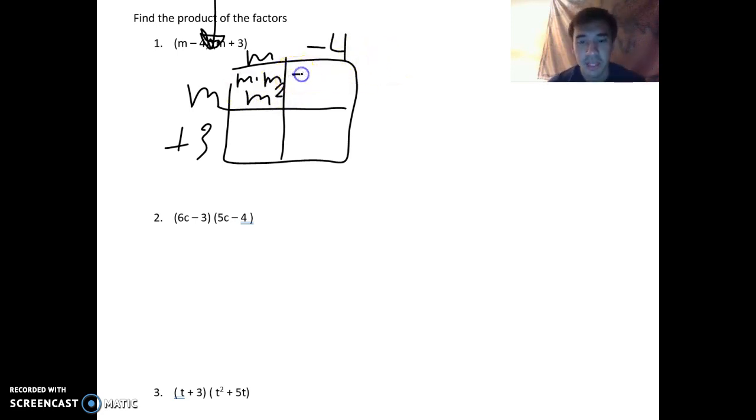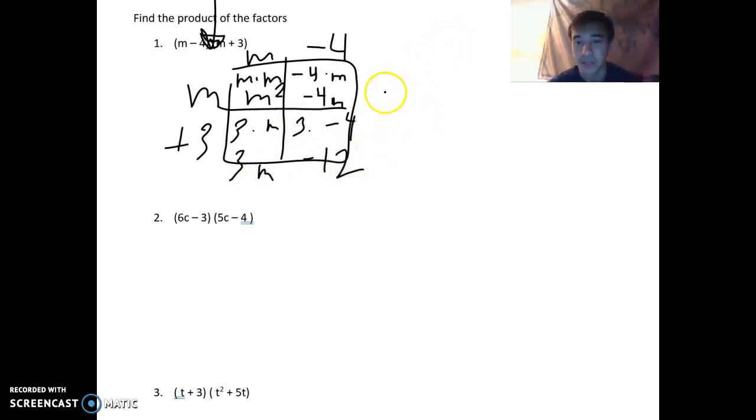The second box will be negative 4 times m, which will be negative 4m. This box will be 3 times m, which is 3m. And our final box will be 3 times negative 4, which is negative 12.